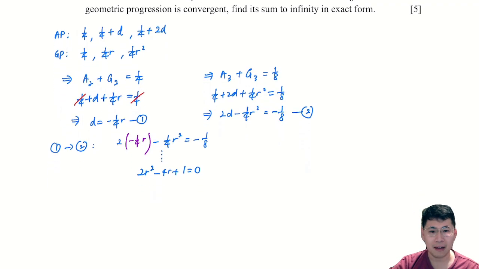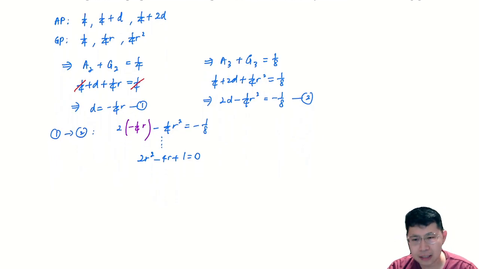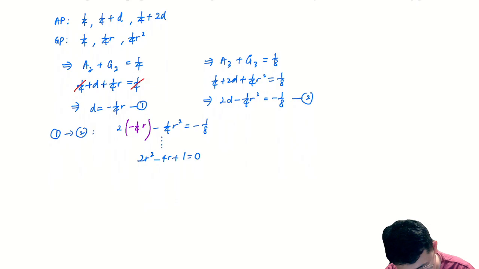So you slowly work out the math. Now this one is a quadratic equation, so we'll make use of the quadratic formula. So it'll be negative b plus or minus the square root of b squared minus 4ac, whole thing over 2a.